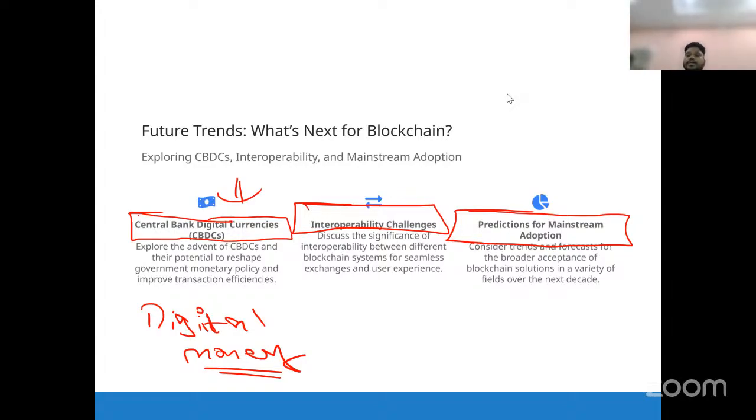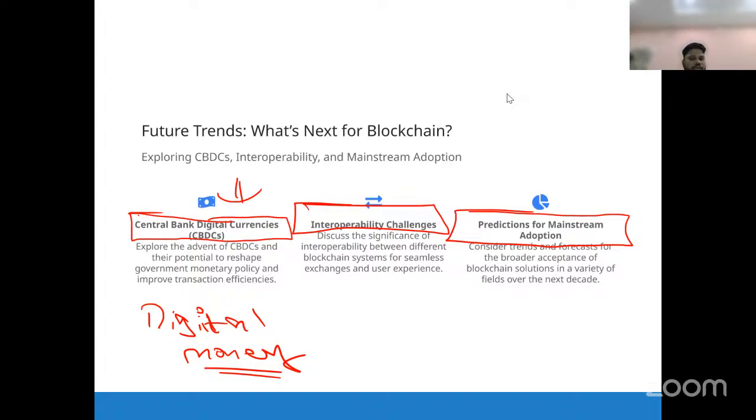The only difference is CBDC is controlled by RBI. Whatever they want, they can do it. Bitcoin is controlled by the Bitcoin community, and Ethereum is controlled by the Ethereum community. They are the rulers who will rule these currencies and handle things in whatever way they want. But Ethereum and Bitcoin are decentralized.